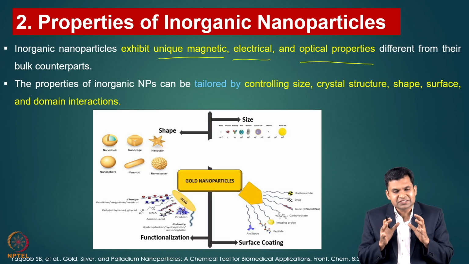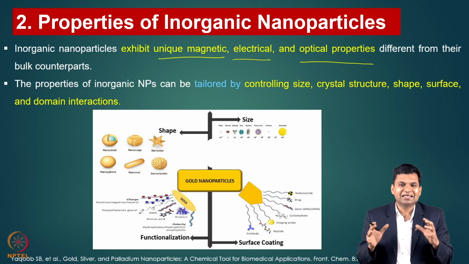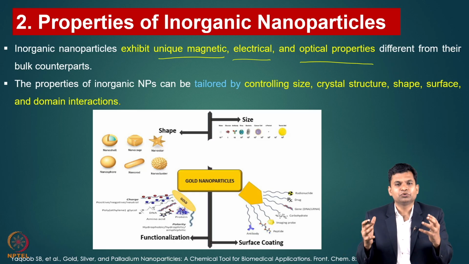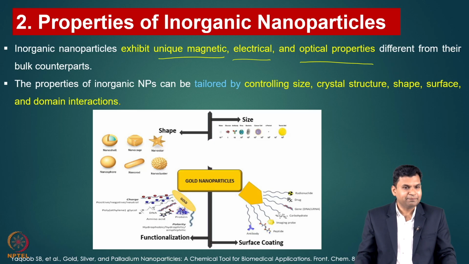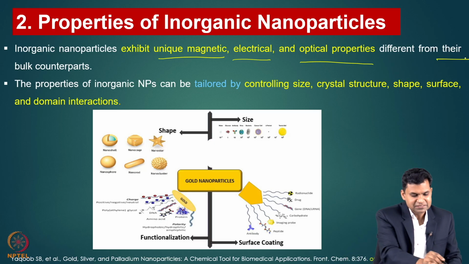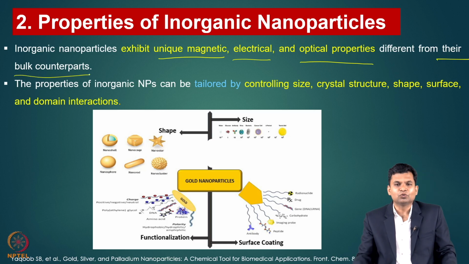When you have such unique magnetic, electrical and optical properties, you can use such systems in biomedical applications, whereas the same properties you will not see with their bulk counterparts.